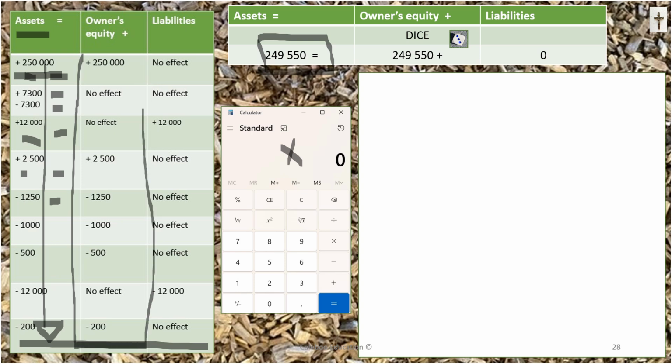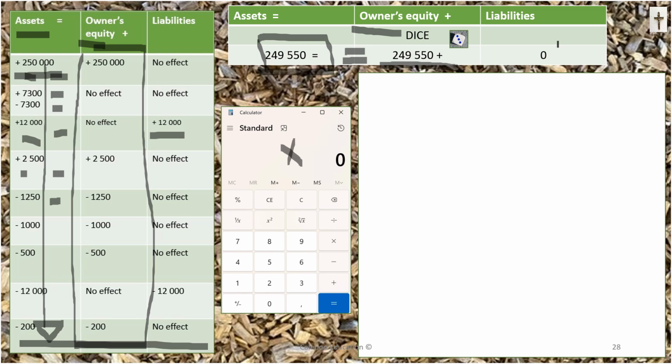Now if I go and add up owner's equity, you will see the answer is 249,550, which means assets equals owner's equity. And in this example, this whole lesson, well, not exactly, because there was a purchase of a computer on credit. There it is.